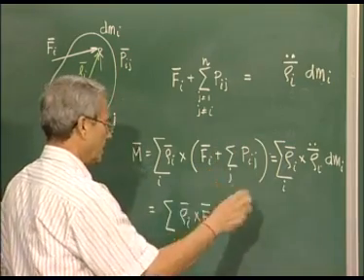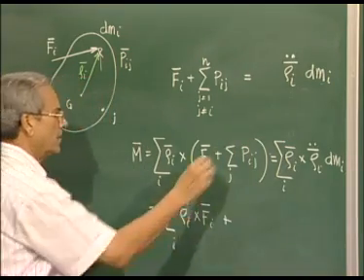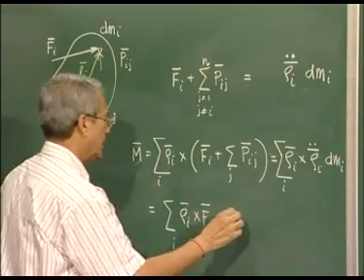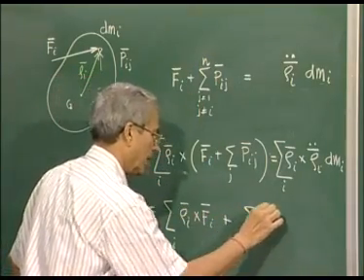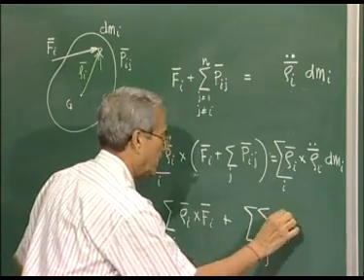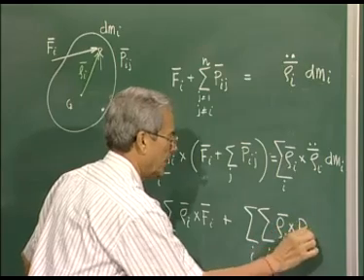Now when we do this, we find that it is going to be a double sum over i and j of rho i cross Pij.